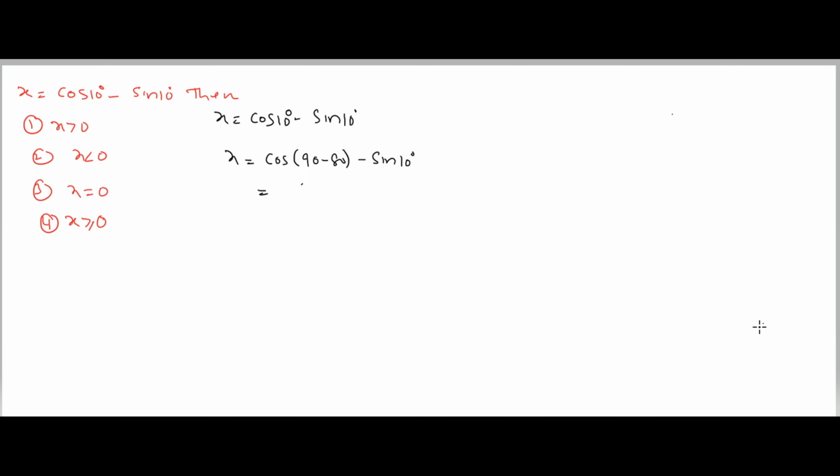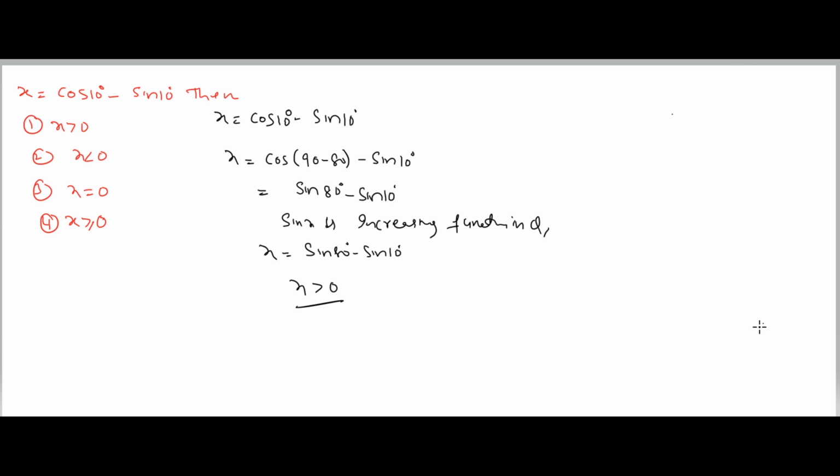Here with 90, cos changes to sin, that is sin 80 degrees minus sin 10 degrees. Sin x is an increasing function in Q1, so x is equal to sin 80 minus sin 10 degrees, and x is greater than 0.